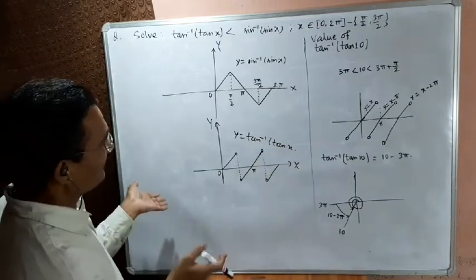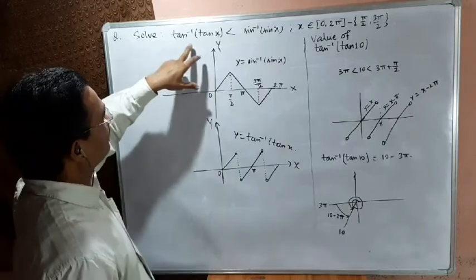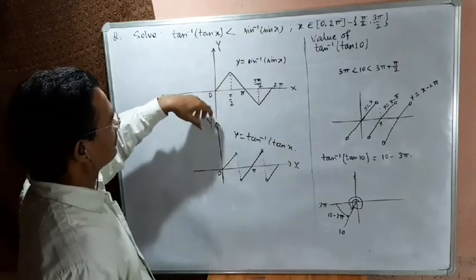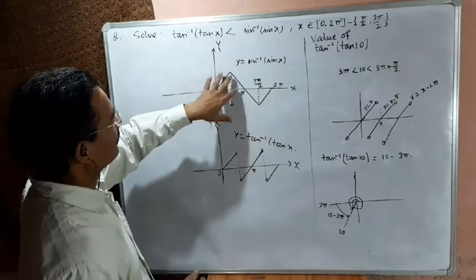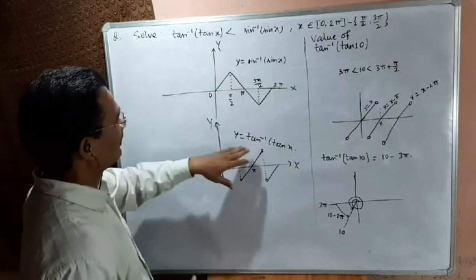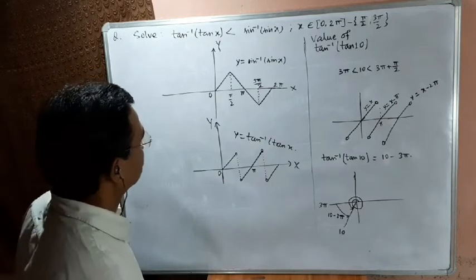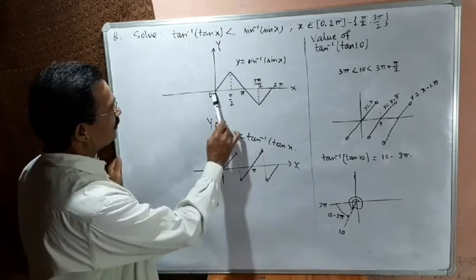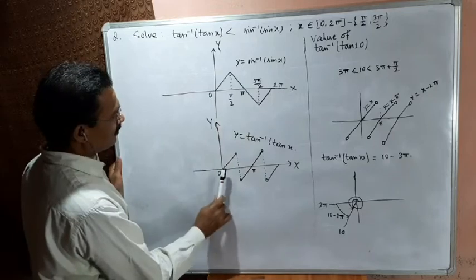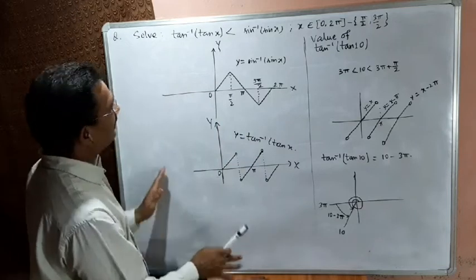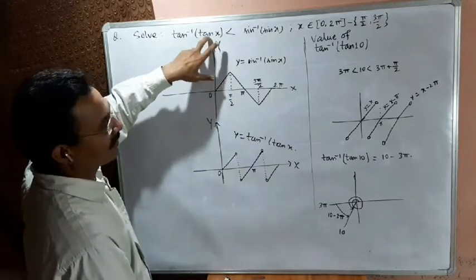Just as we have seen before, sin inverse of sin x will be traced like this, and tan inverse of tan x like this. Now compare from 0 to pi by 2: both graphs have identical values, but we have to take only the smaller.